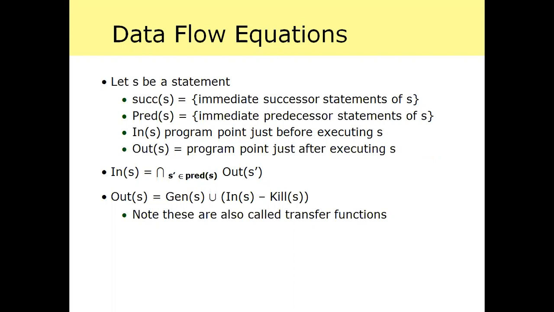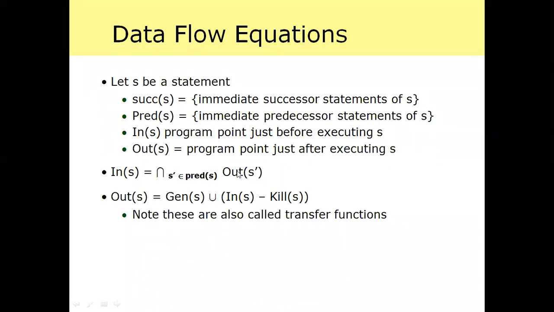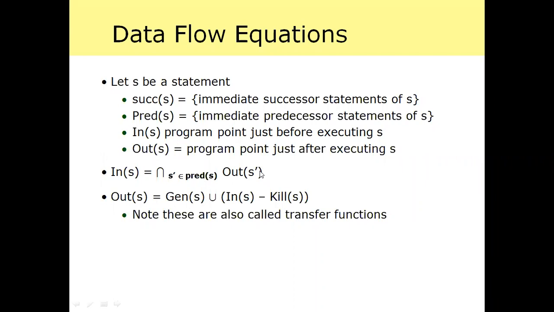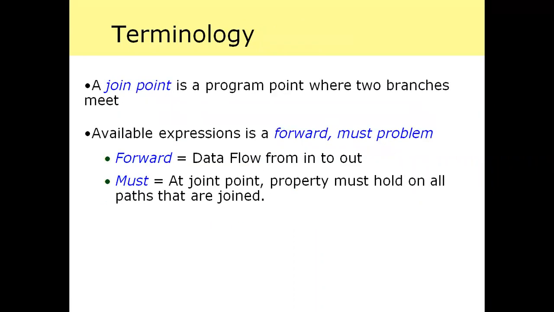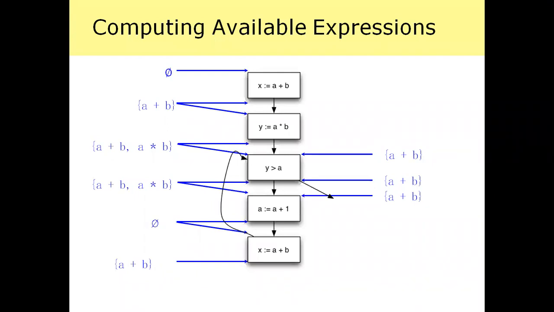We already know that in is the program point just before executing S, and out is the program point just after executing S. We call these transfer functions. Here we have the equation for the in statement and the equation for the out statement. By computing these two, we get the values, and those values are shown like this. Is it clear now?